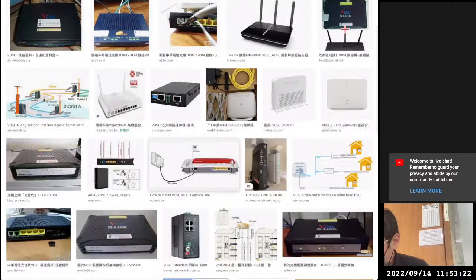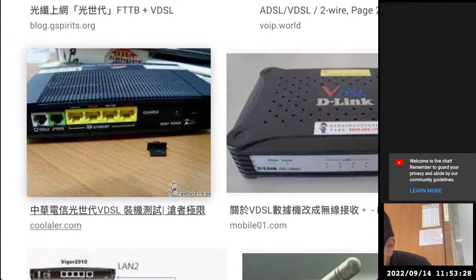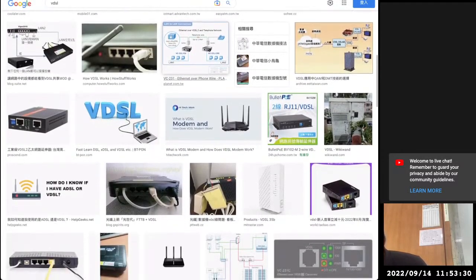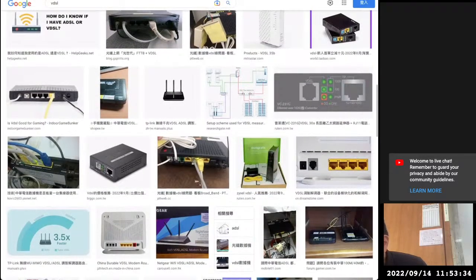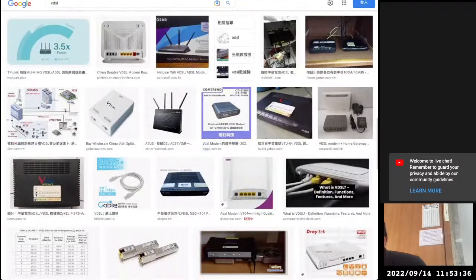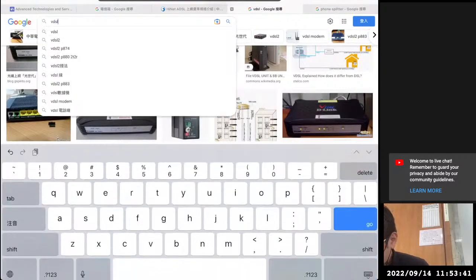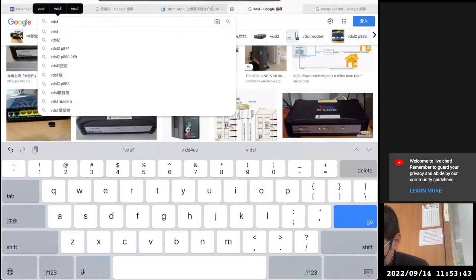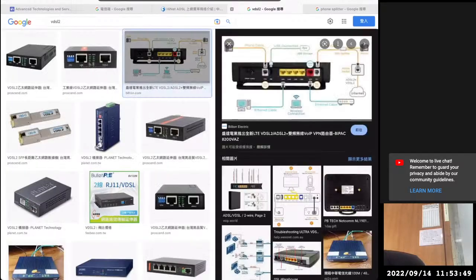So let's see what you can get from VDSL service. Okay, let's take a look at this figure.